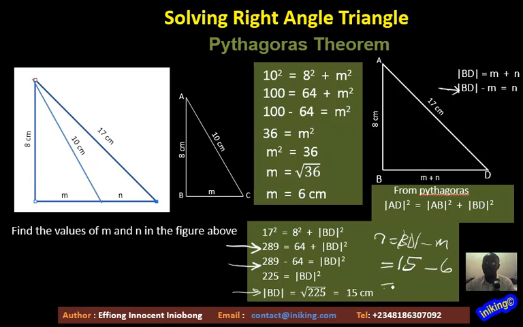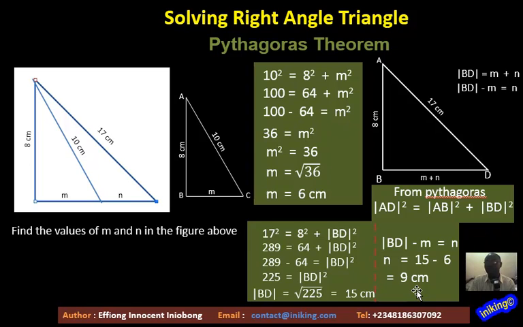So 15 minus 6, that gives us 9, which means N is 9 centimeters. Let's write this out neatly. That's it there. BD minus M is equal to N. And then N is equal to what? 15 minus 6, which gives us 9.